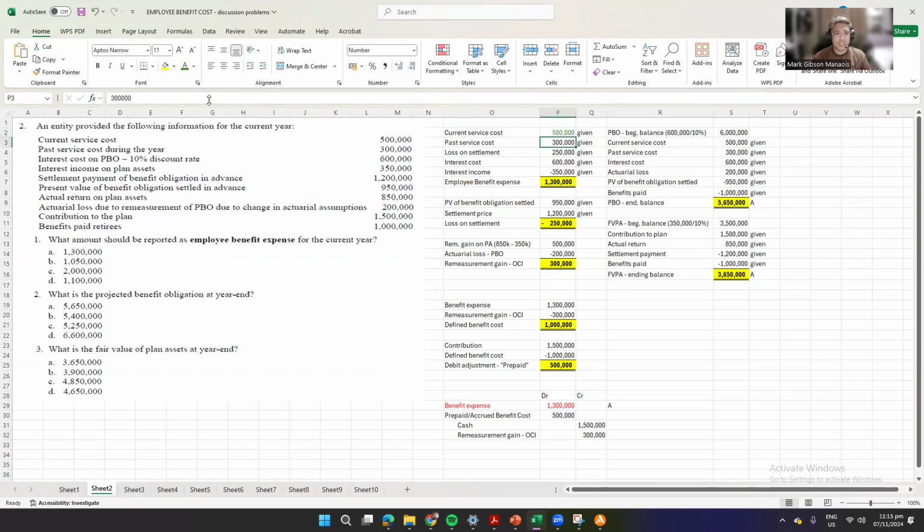Sorry. Past service cost 300,000. Loss on settlement, no? Also given. So that's 250,000. Interest costs of 600,000. And then the interest income of 350,000. So the total employee benefit expense would be 1,300,000 or letter A.